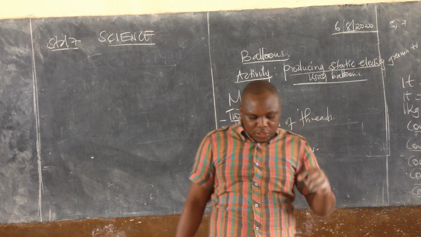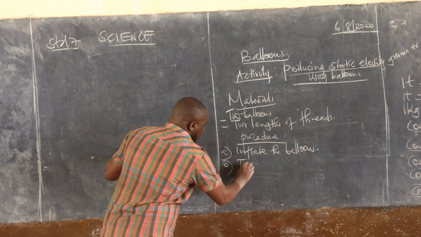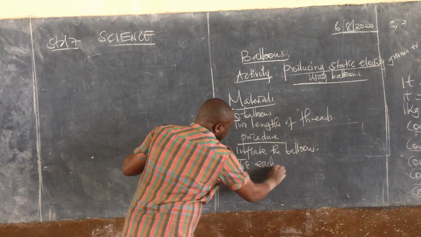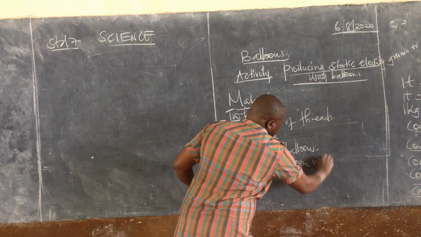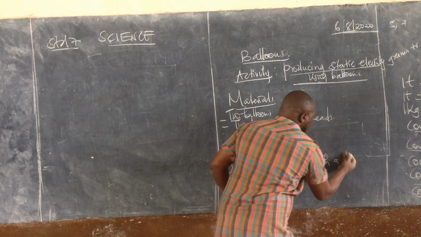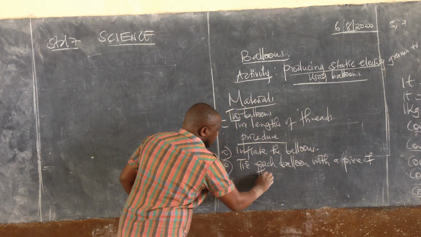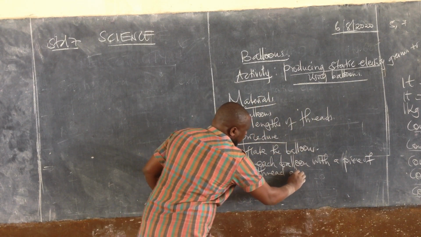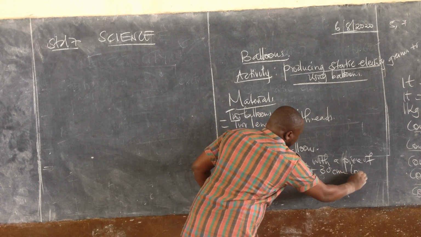Number 2, tie each balloon with a piece of thread about 30 centimeters long.